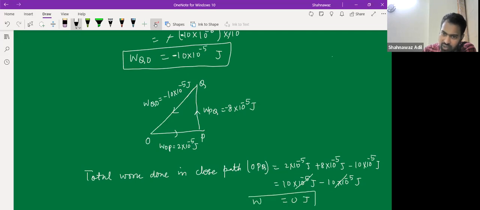So if work done in a closed path is 0, what is the kind of force that we have? For what kind of force is the work done in a closed path 0? Yes, guys.